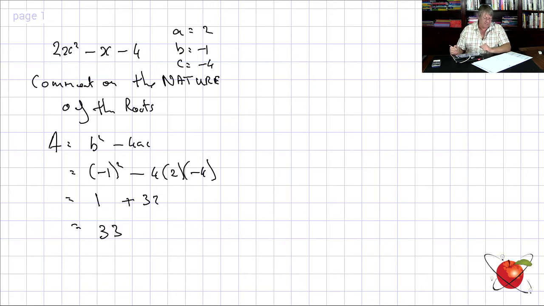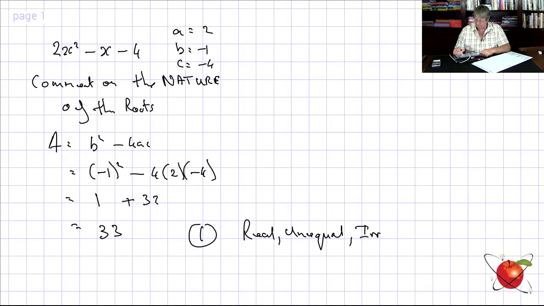So therefore, now I know what delta is, okay? Now I go back to my spreadsheet, and I say, right, the roots are going to be real, unequal, and irrational. Okay? Real, unequal, irrational.